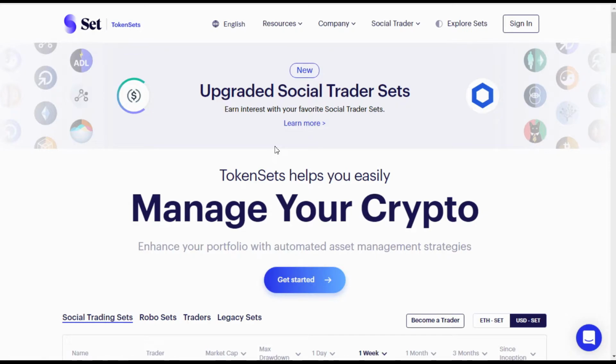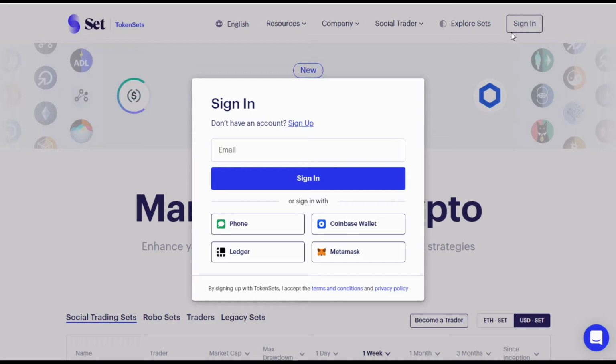So Token Sets, like I say, basically explained how it works. If we go and sign in, the last time we checked this out, I believe, I can't remember, because it has been quite some time.